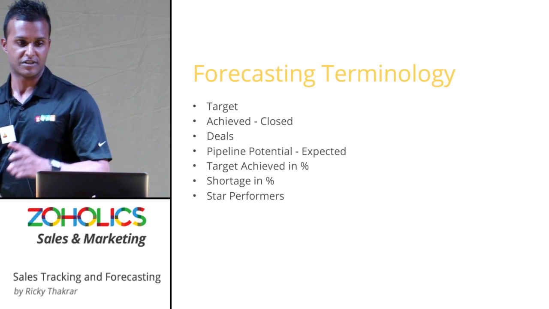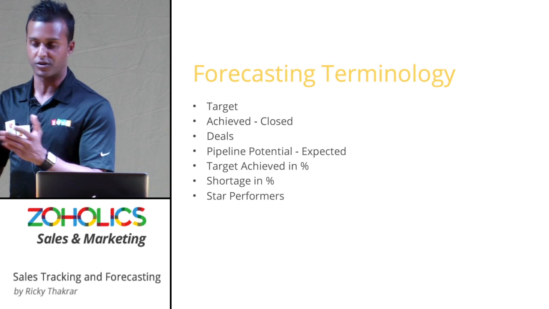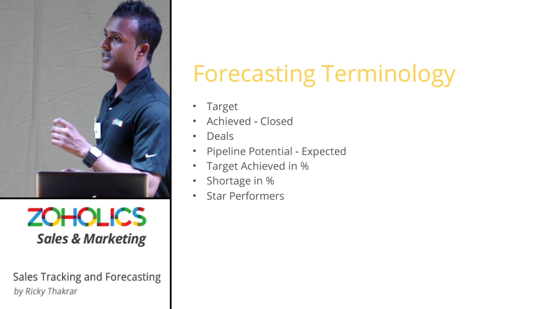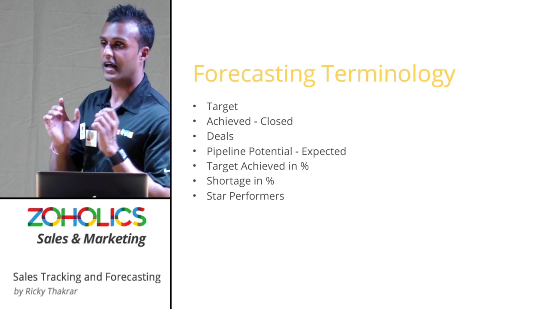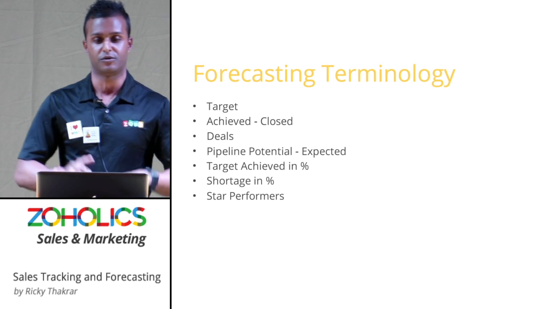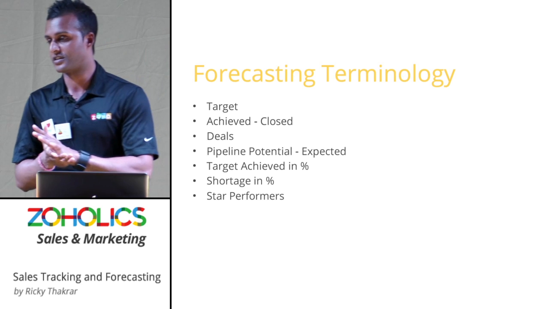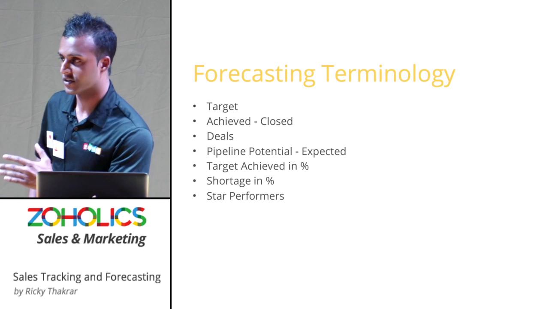So this is a little different. This is not just the 100% minus the target achieved. So if you've hit 50%, shortage is not 50%. Shortage means how many potentials you are lacking in order to get to your goal. So let's pick a really simple example. You have a target of 10, all right? You've achieved 5, so that's a 50% target achieved. Your shortage is not 50%.